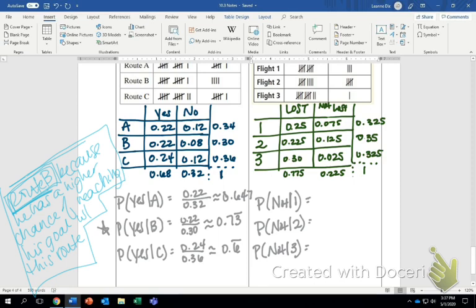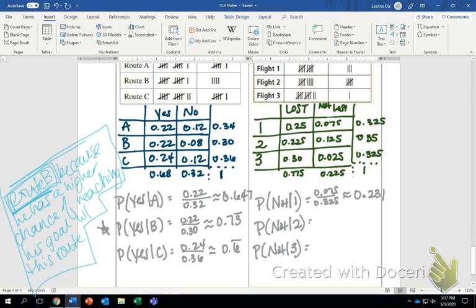Not and 1 is going to be 0.075 over our total flight 1s, which is 0.325. Plug that in the calculator, and you should get approximately 0.231.